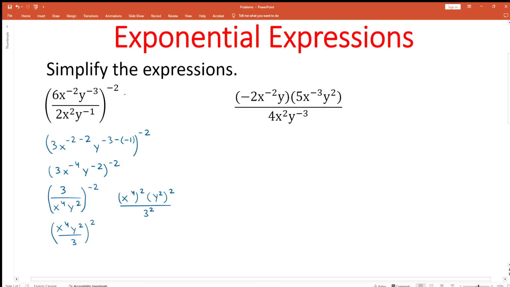For x, we should multiply the exponents 4 and 2. For y, we should multiply the exponents 2 and 2. And 3 squared is equal to 9. This should be the final answer for the first expression.